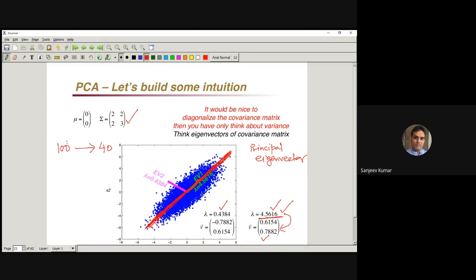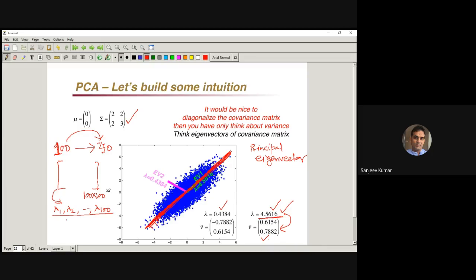So, you are coming from 100 to 40. For the original data having 100 dimensions, you will find the covariance matrix, which will be a 100 by 100 matrix. You will find the eigenvalues of this: lambda 1, lambda 2 up to lambda 100. Now, what do you have to do? You have to make it 40 dimensional. So out of these 100 eigenvalues, you will choose the top 40 eigenvalues.